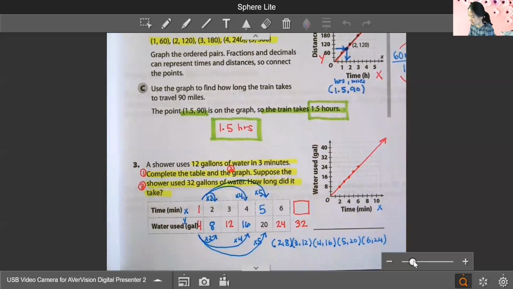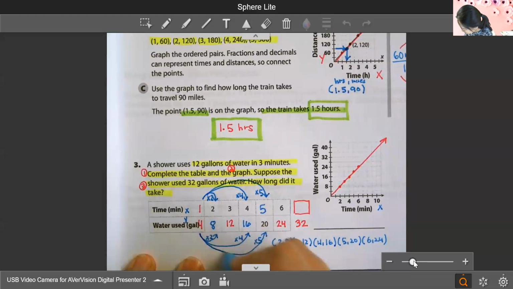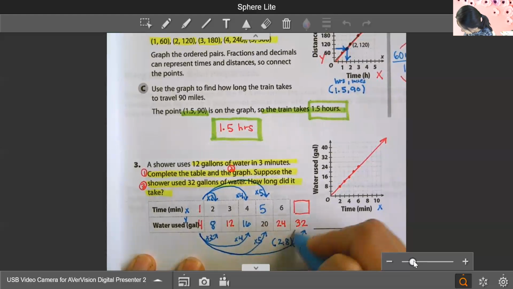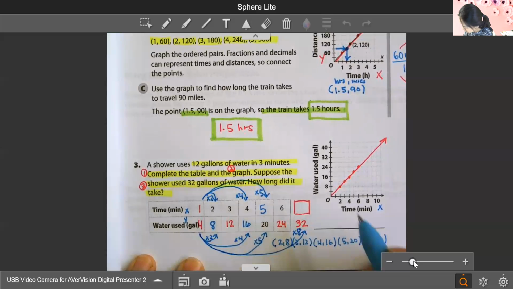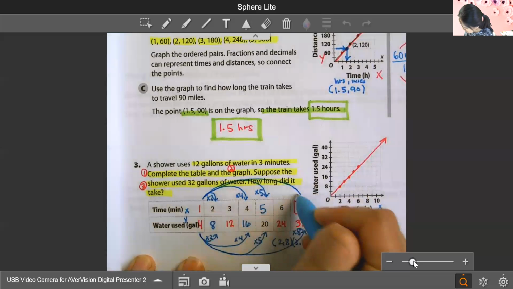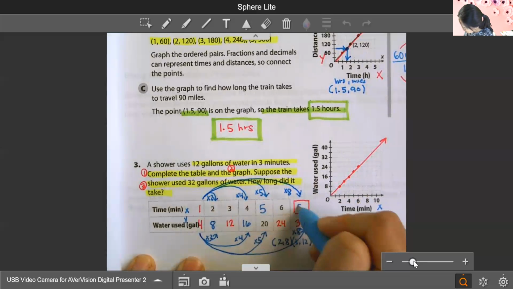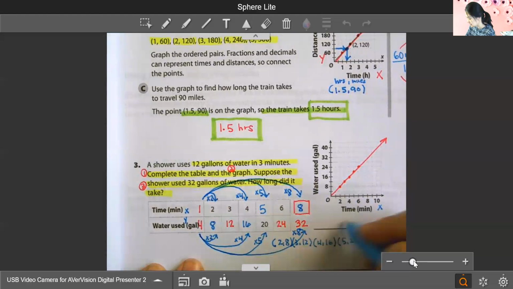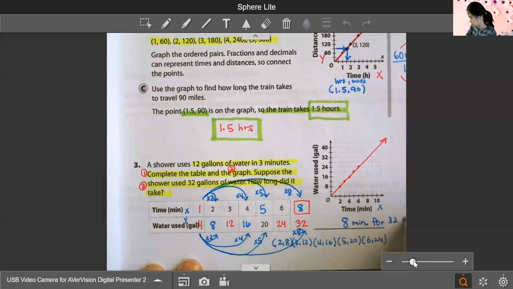So take a look here. 4 times 8 is 32. So then 1 times 8 is 8. So the answer is 8 minutes for 32 gallons of water.